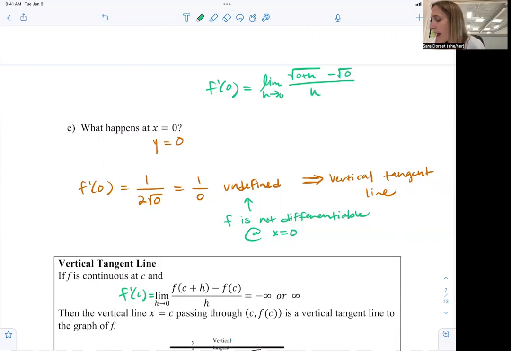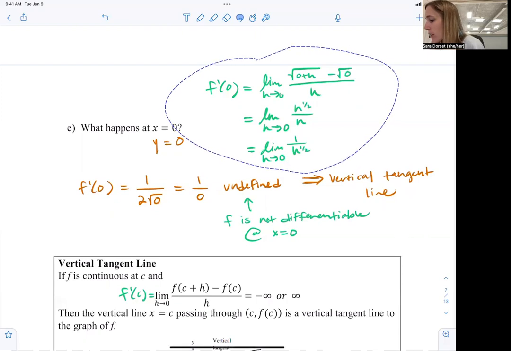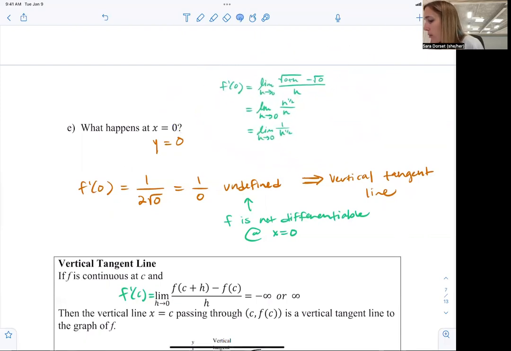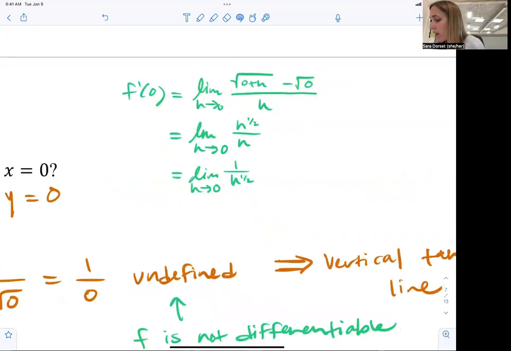If we simplify that, we have the limit as h approaches 0 of h to the 1/2 over h, which simplifies, thinking exponent rules, to 1 over h to the 1/2. If you used direct substitution there, you would get 1 over 0, and we already saw that when trying to evaluate the derivative at 0.